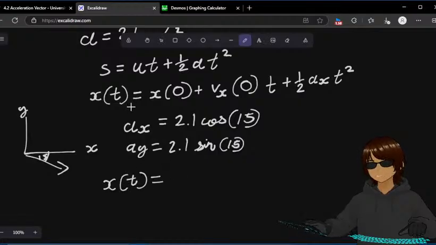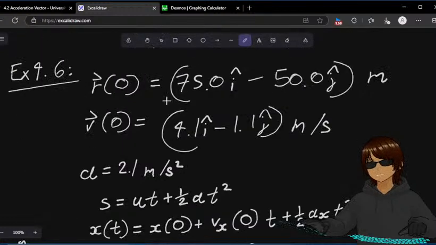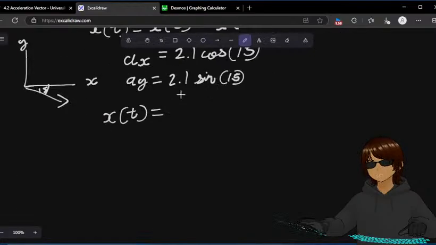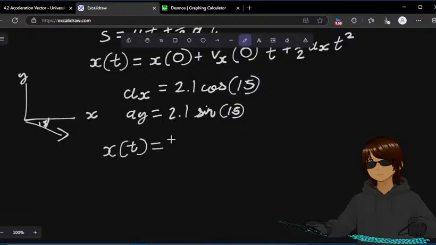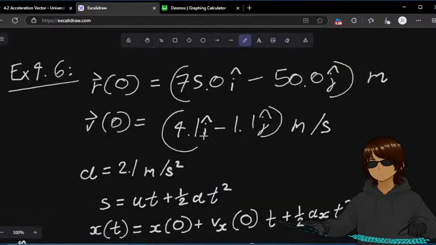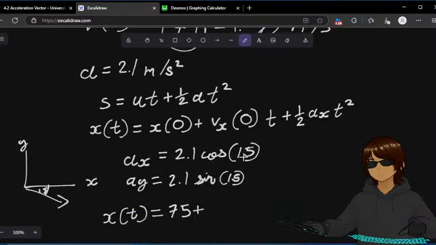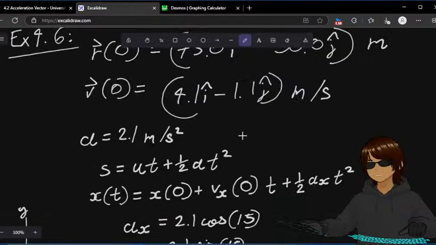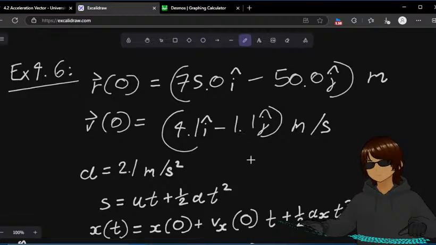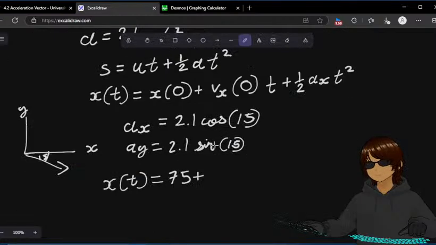So in the x direction, this is 75 plus initial velocity 4.1 times t, plus half of 2.1.